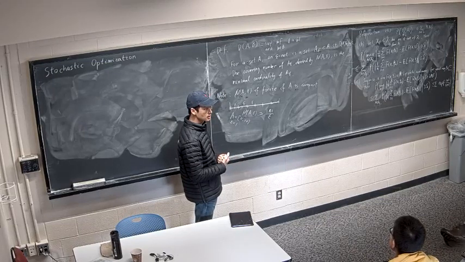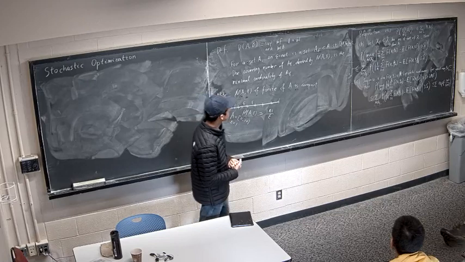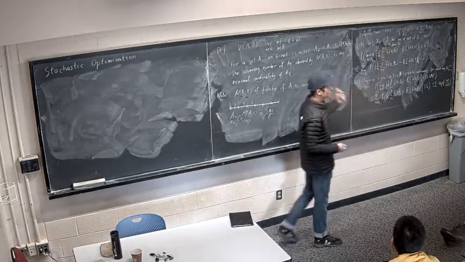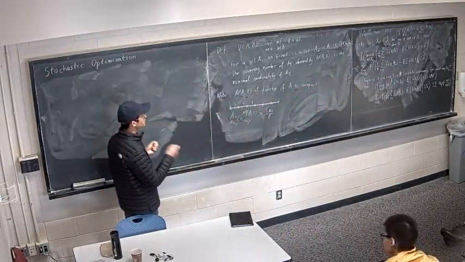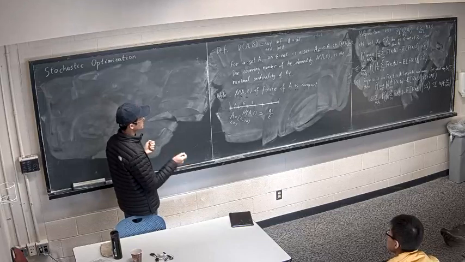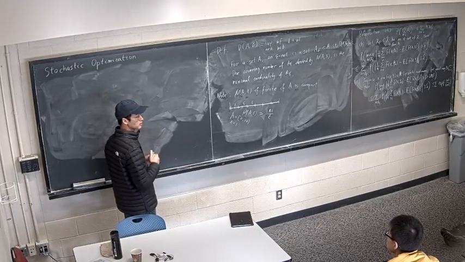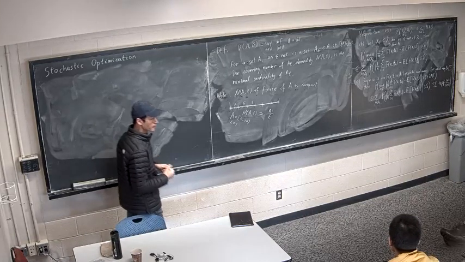Yes, it's a set, a subset of the domain of H. Just some representative elements. All the other points are within a distance of epsilon, in an epsilon ball from the members in X epsilon.